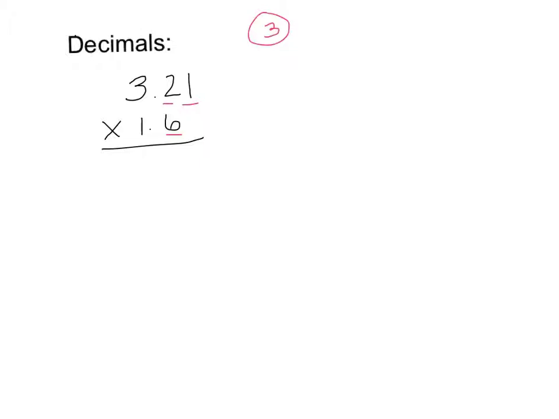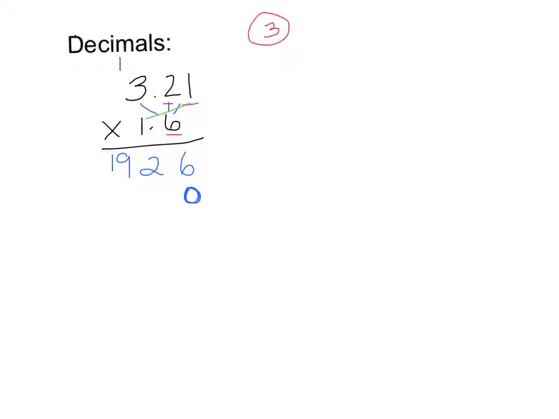After this, for right now, we're just going to ignore the decimals. So I'm going to multiply like normal. So 1 times 6 is 6. 6 times 2 is 12, so I put the 2, carry the 1. 3 times 6 is 18, plus the 1 is 19. After that, I'm going to leave a space, or put a 0 as a placeholder.